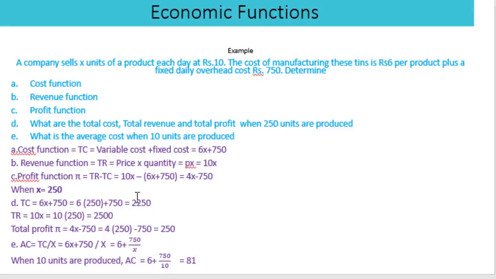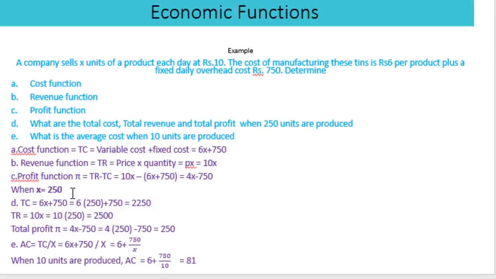That is total revenue minus total cost is the profit. That is 10X minus 6X plus 750, that is 10X minus 6X minus 750 equal to 4X minus 750. That is, the profit function is 4X minus 750.